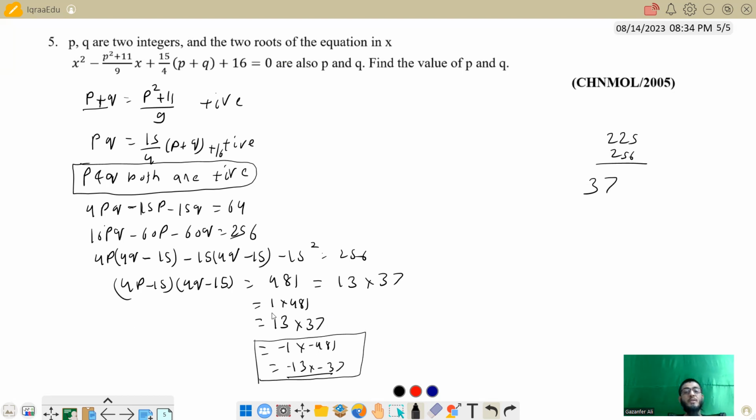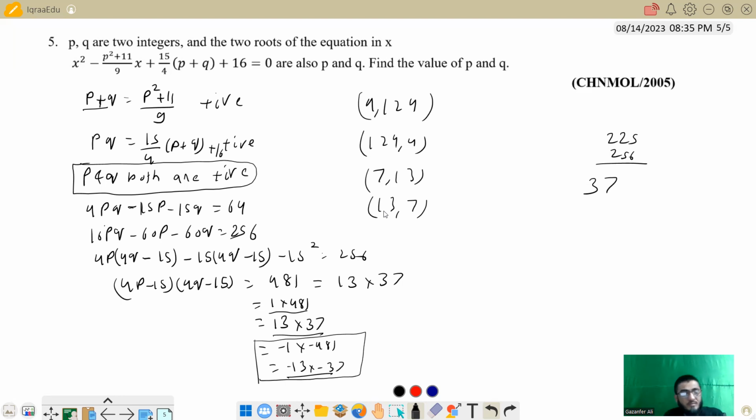So now two values of P and Q we will get from here, and two values of P and Q from here. I actually solved it, and the values of P and Q which I get are 4, 124 and 124, 4, 7, 13 and 13, 7.